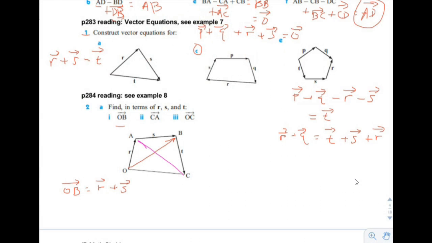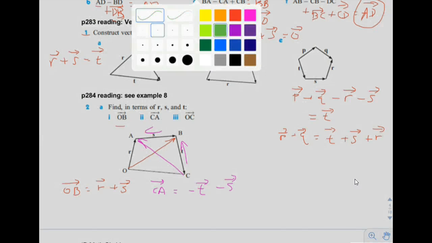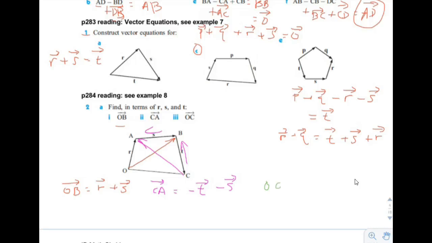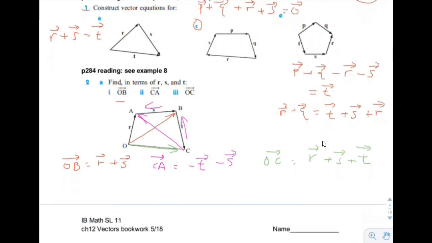CA, you could get by doing minus T, going the opposite direction here, and then doing minus S. That would get you CA. What about OC? OC you could get by doing R plus S plus T. And that's it for page 3 and 4.